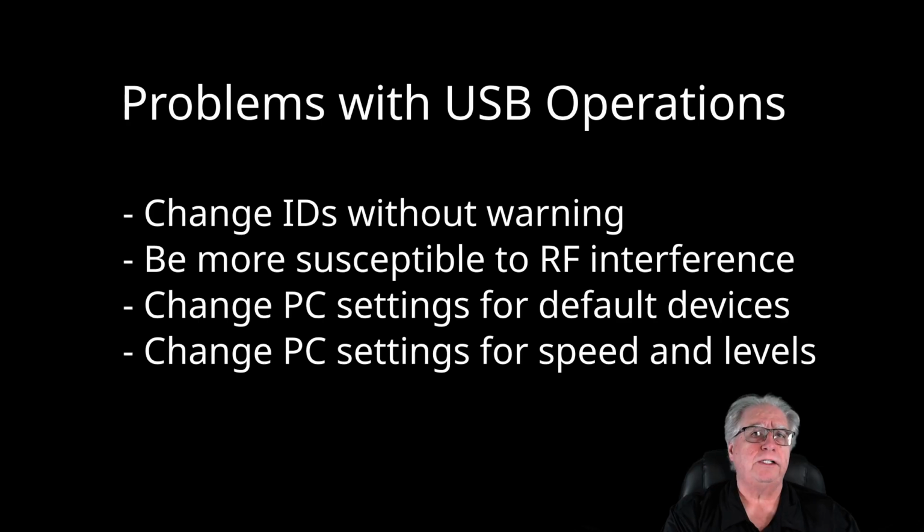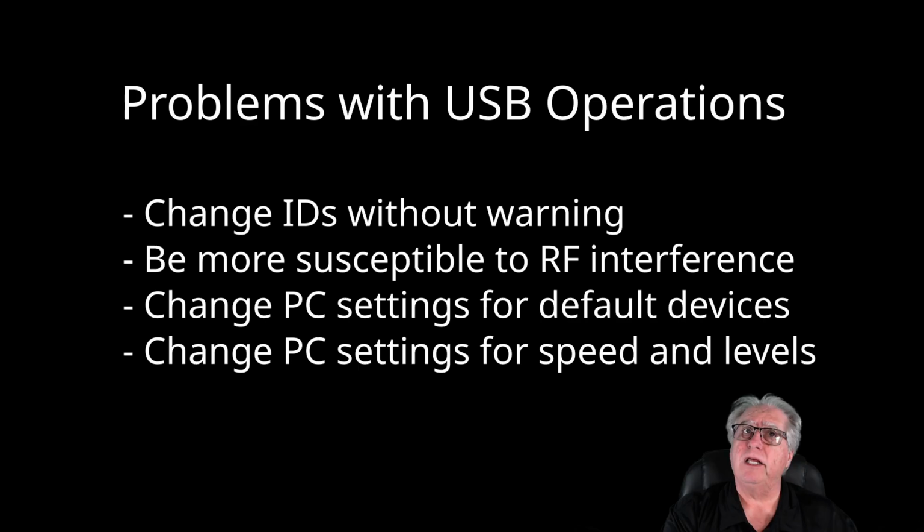Having that change affects the software that's accessing it and causes errors, and sometimes it can be very frustrating. The last part of this video is going to cover basically service ideas, repair ideas, how to make it work when it doesn't work. So, we're going to go over finding the COM port or the sound device or whatever, so you know what the idea is and different strategies towards that.